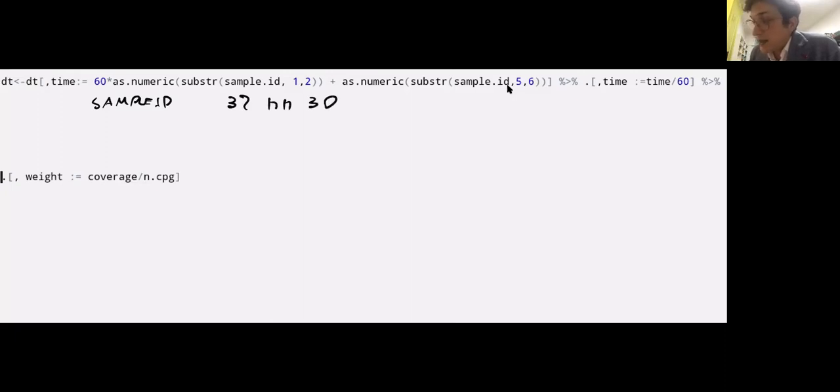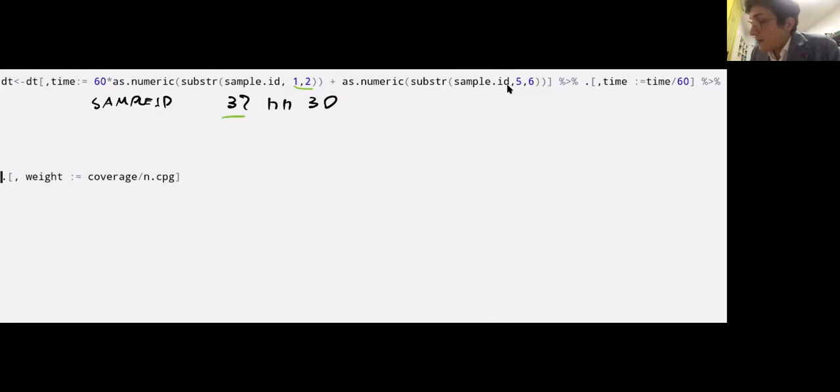This substring tells us basically, take whatever is in the string in sample ID, and take of this the first and second element. This part is taking this one and transforming it into a numeric vector.